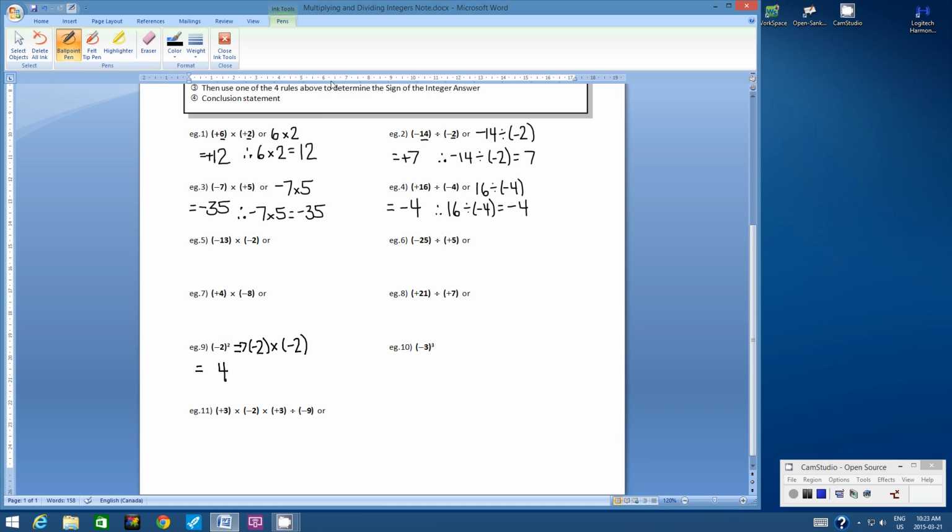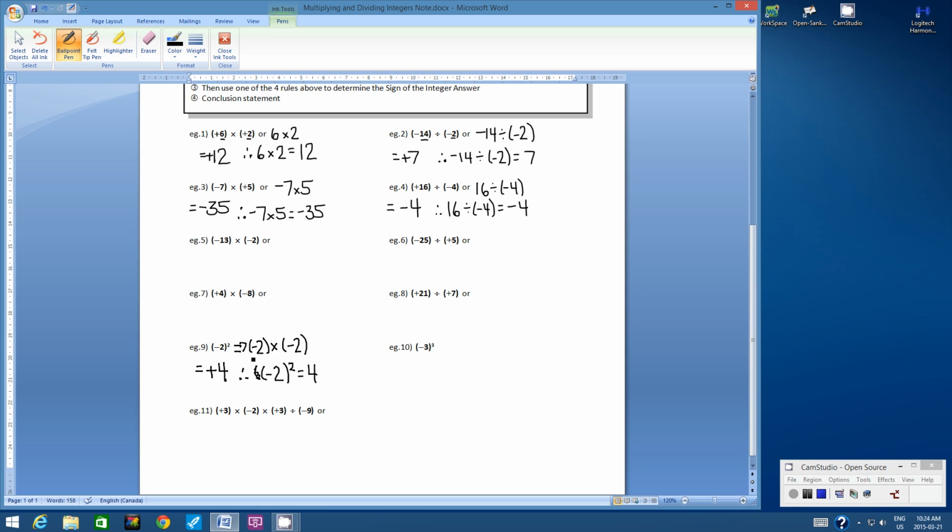Now I can't see the chart anymore, but do you remember that rule? I think that's rule 4. A negative times a negative is going to give us a positive answer. So we have to write it in the form that we were given in the question, equals 4.